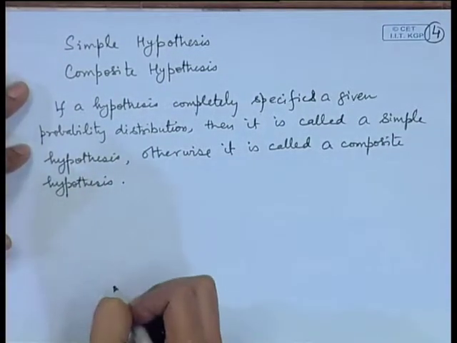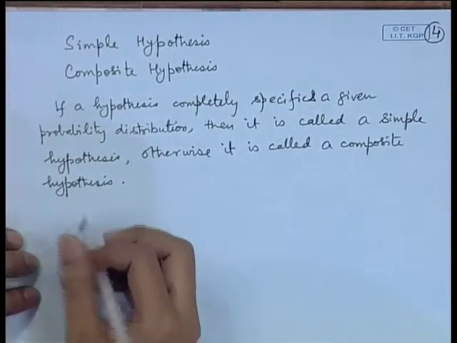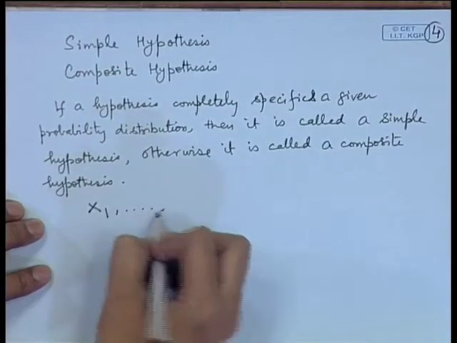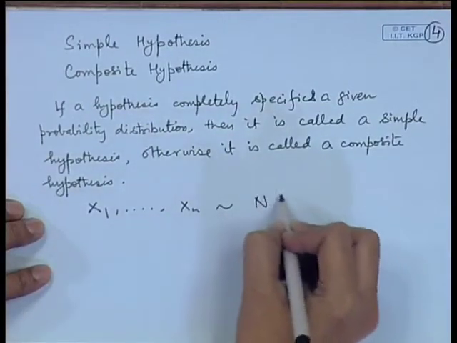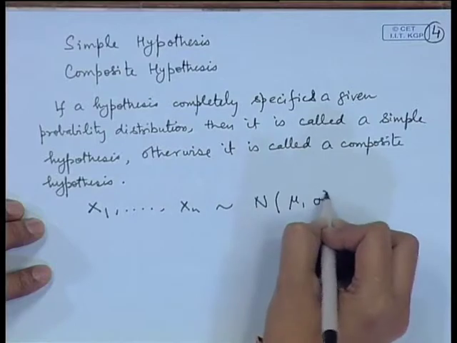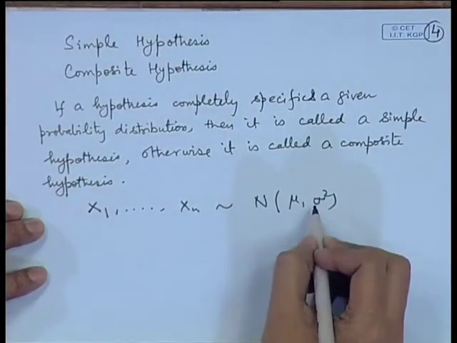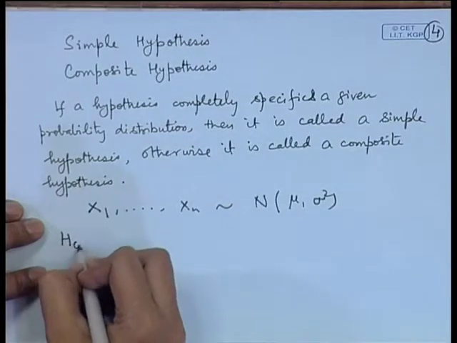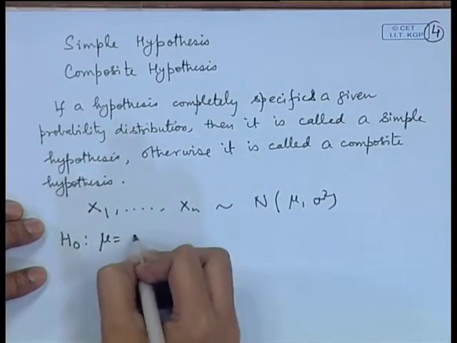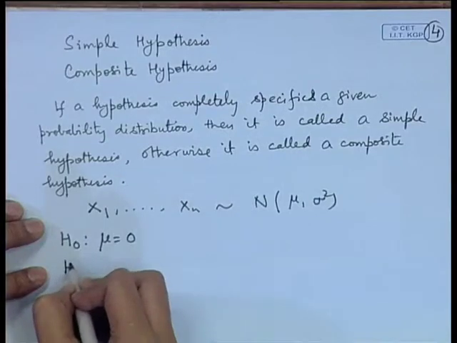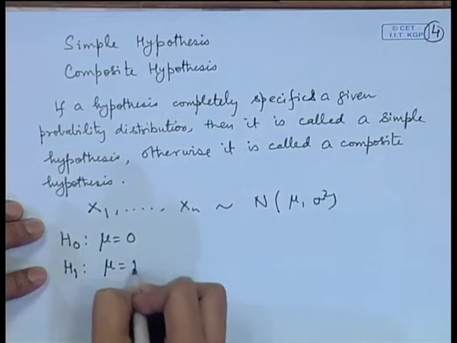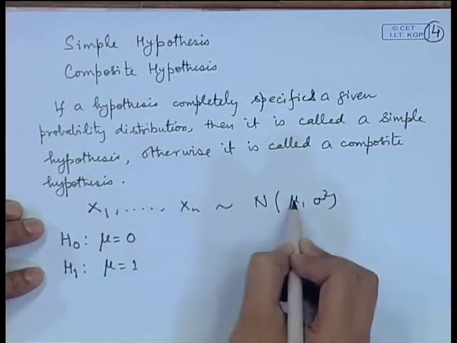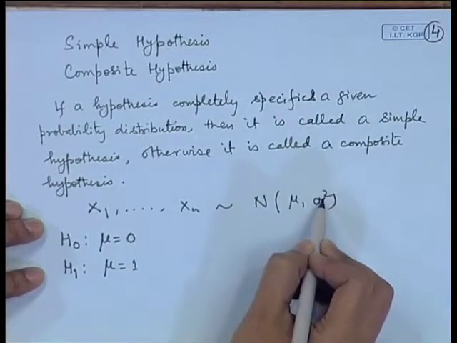So, for example, suppose we know that the data x 1, x 2, ..., x n is from a normal distribution with parameters mu and sigma square, where the parameters mu and sigma square may be unknown. Then if I have a hypothesis, say H naught: mu is equal to 0 and another hypothesis is say mu is equal to 1, then this is specifying only the parameter mu here and sigma square is still unknown.